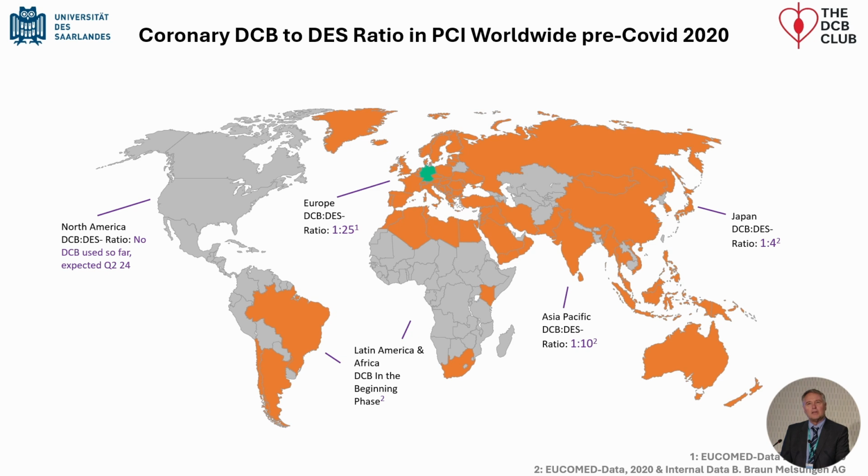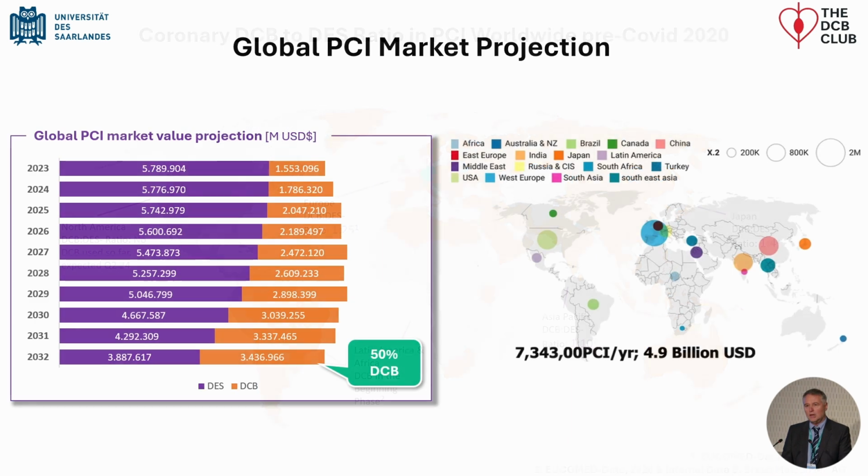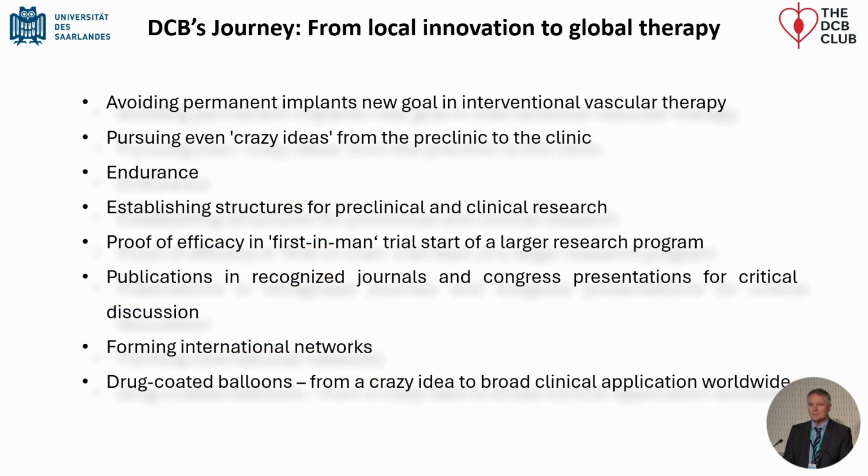But I think also in conservative Europe, we are starting increasing DCB use more and more, and this is this market projection, which has already been shown before, that it is estimated that at beginning of the 30s there will be an equalized use between DCB and DES.